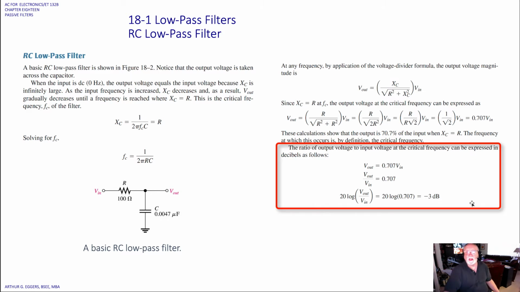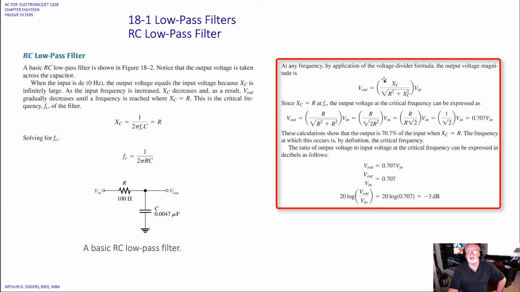Notice that we're using the terms now that we should be becoming familiar with. So go back over this relationship and this manipulation, this derivation, and make sure that you understand it. So minus 3 dB.